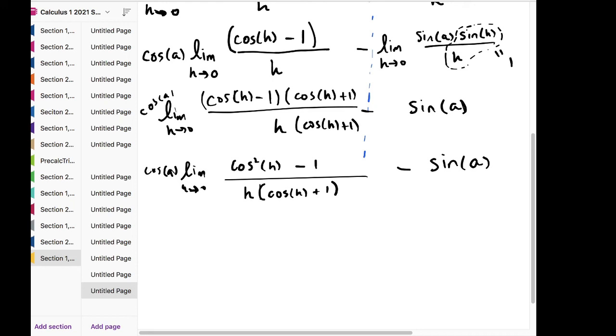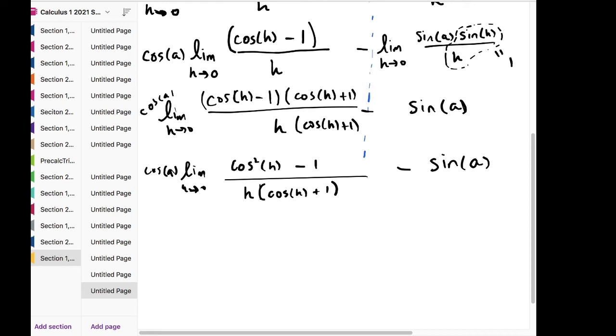One minus sine squared is cosine squared, you mean? Because this is a little bit different, right? So that is true, but let's do something different.